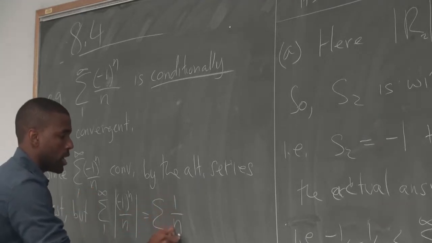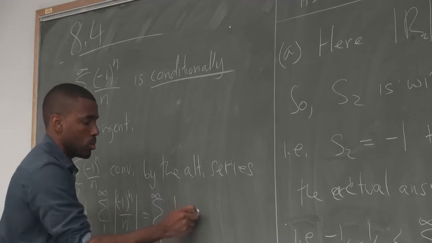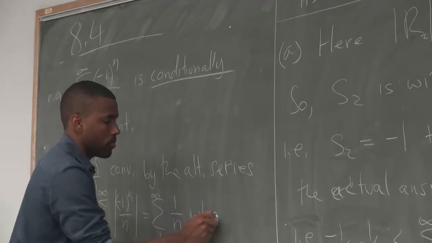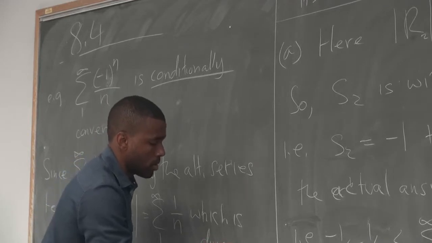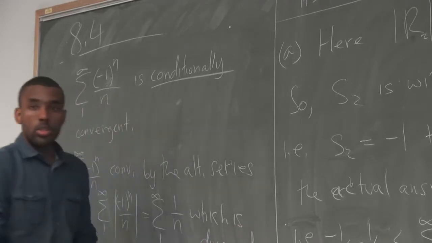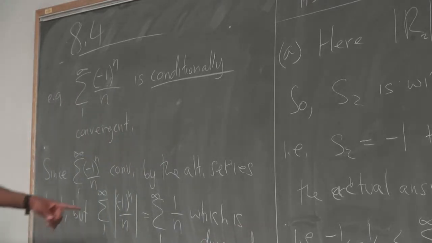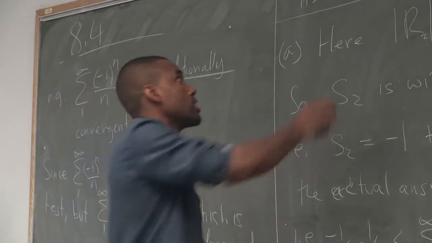I just get 1 over n, which is divergent. So on its own it converges, but if I throw an absolute value in there, it doesn't converge anymore. Right? If that happens, we call it conditionally convergent. It converges on the condition, we just leave it alone. Right? Just let it do its thing and don't bother it, it'll converge.